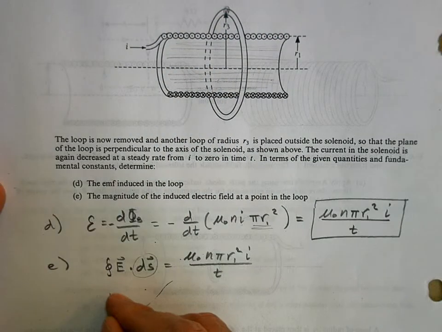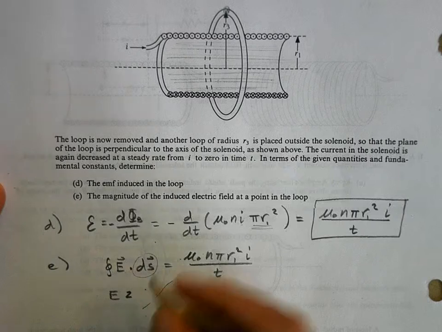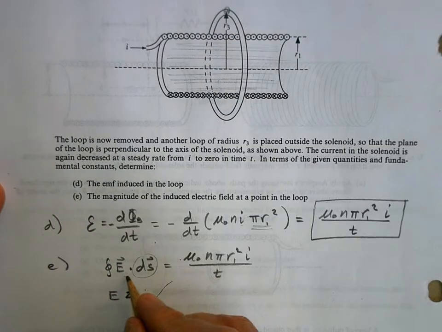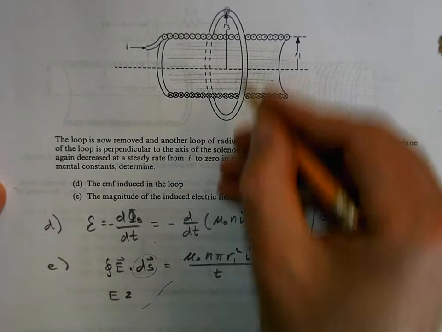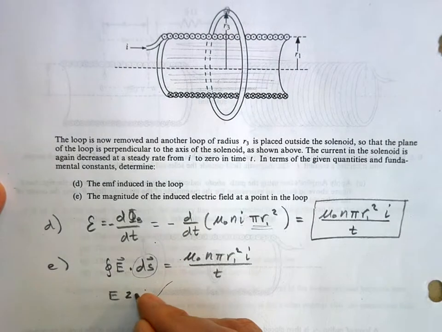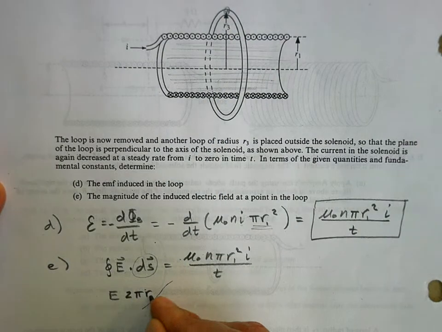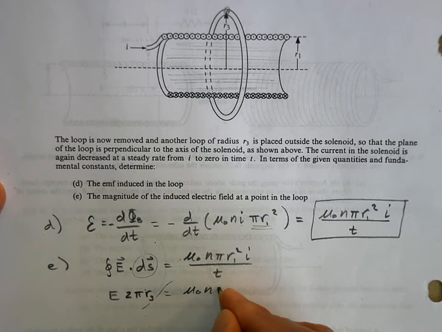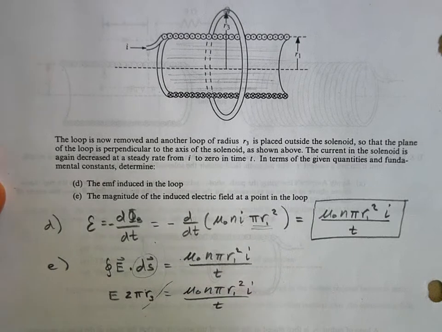So you have to say, well, E and the total distance, the closed loop distance, is just the circumference of this guy, 2 pi r3. So the pi cancels, and you still divide by 2, but r3 does not cancel with r1. So you have to divide by r3.